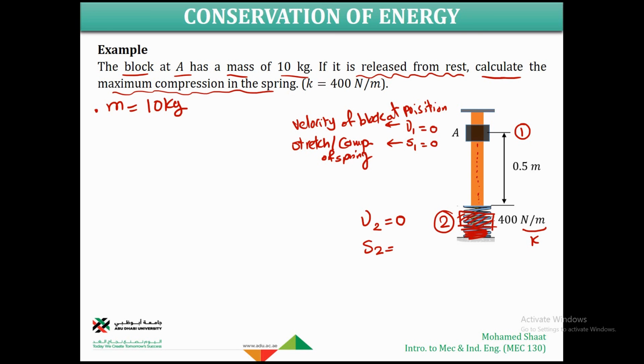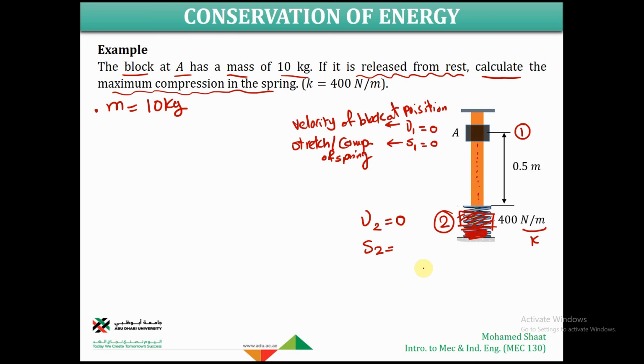The block will start with a very high speed, and this speed is going to decrease steadily till it will be 0 at the maximum compression. This is position 2 that we are talking about. So at position 2, which will be obtained at the maximum compression of the spring, the speed of the object will be 0.